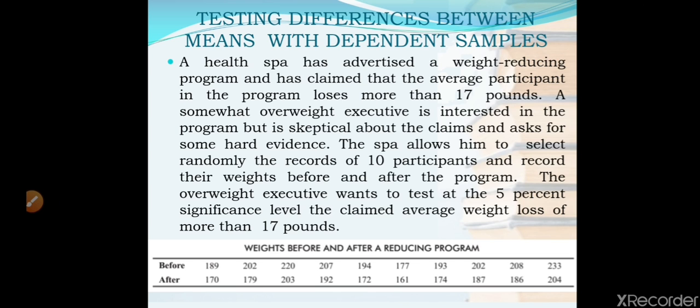That generally happens in before and after studies, where the same set of things are there on which the readings are taken before and then after.